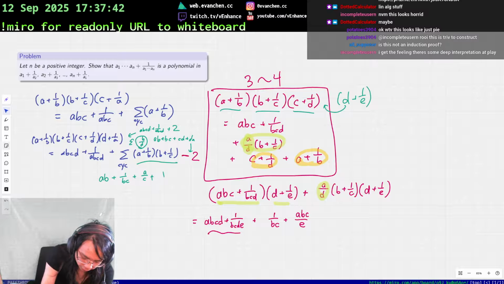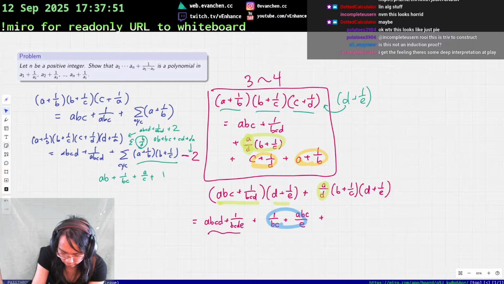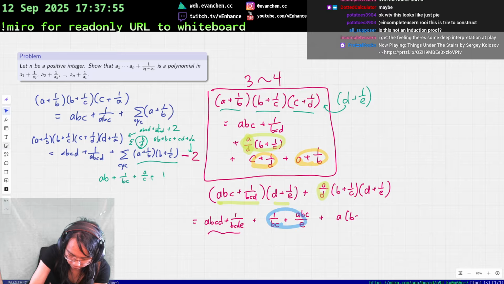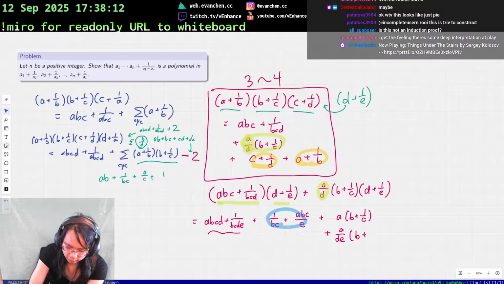New bad guys appear, and then I guess it's this, plus a over d, b+1 over c.